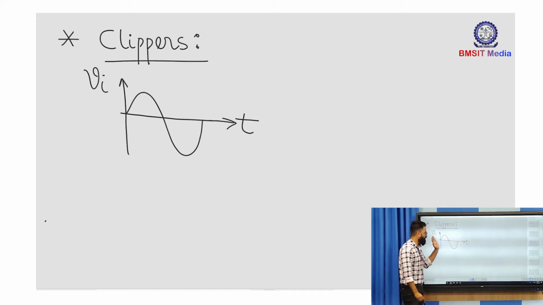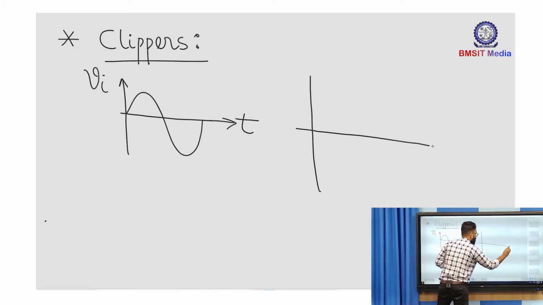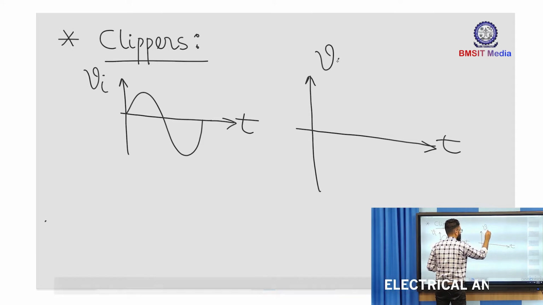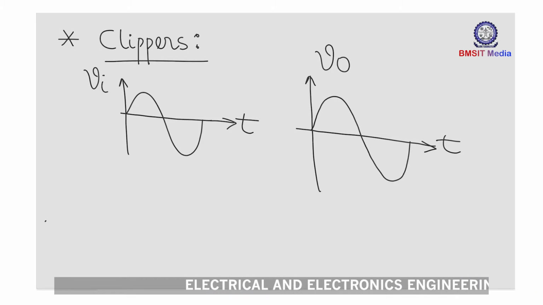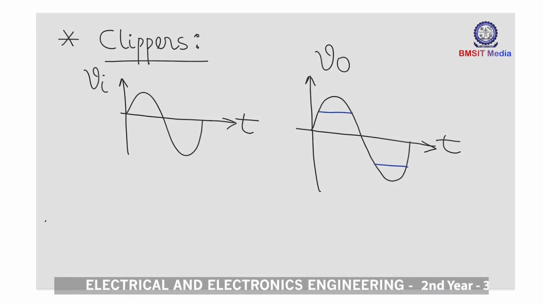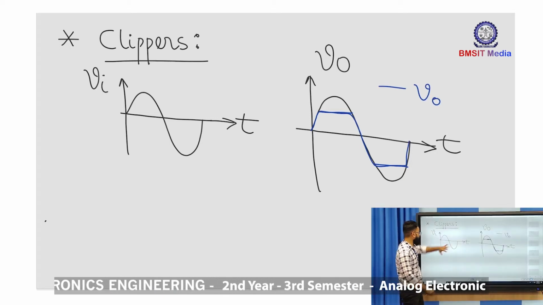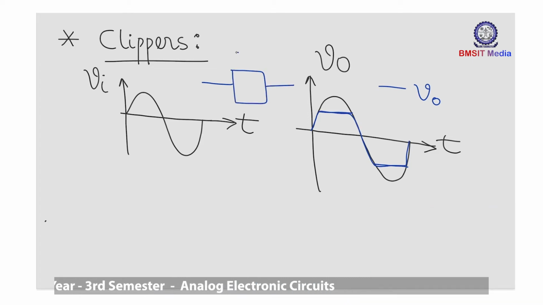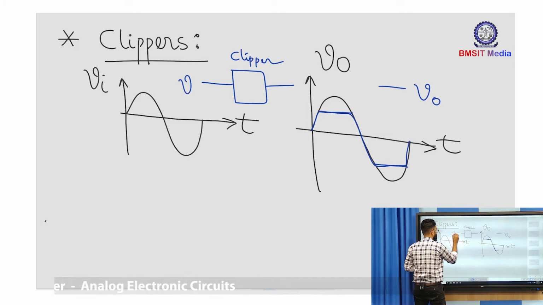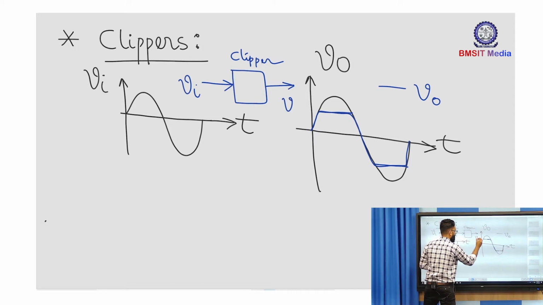So that incoming signal can be shaped at a desired value. So output signal can be shaped something like, so blue is my output signal. So what we have done is that using some clipper circuit, okay, so this is your clipper, and to the clipper the input we have given as Vi and the output we are getting as V0.